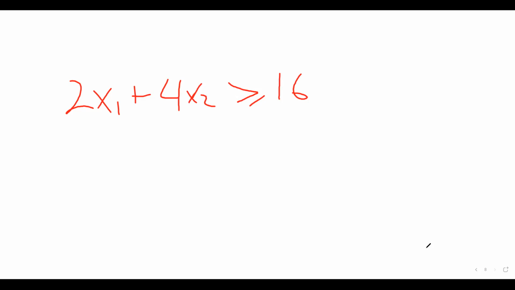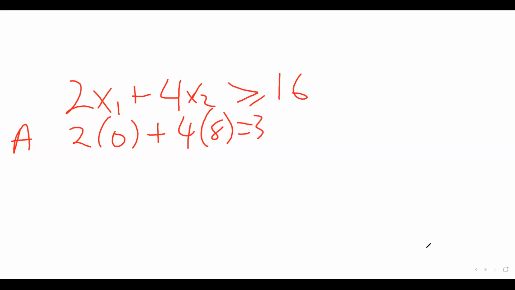So you have 2 into bracket 0 plus 4 into bracket 8. Let's see whether it will be greater or equal to 16. Absolutely. You get 32, which is truly greater than 16. Well satisfied.